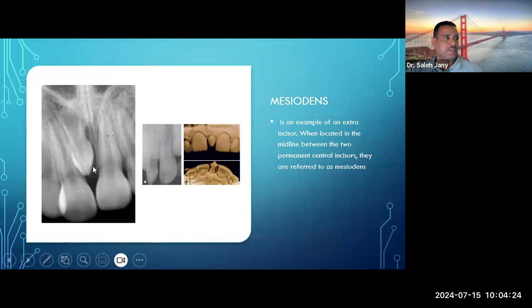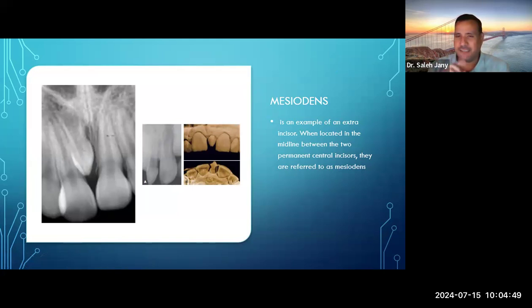Mesodens is common. I've seen it in Latino children. A mesodens is an extra tooth that happens in the midline. It is a conical shape, very small, and it can cause a diastema, a space between teeth.